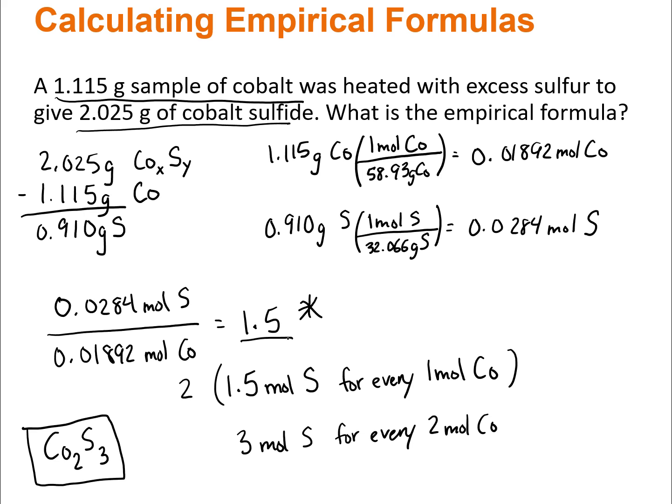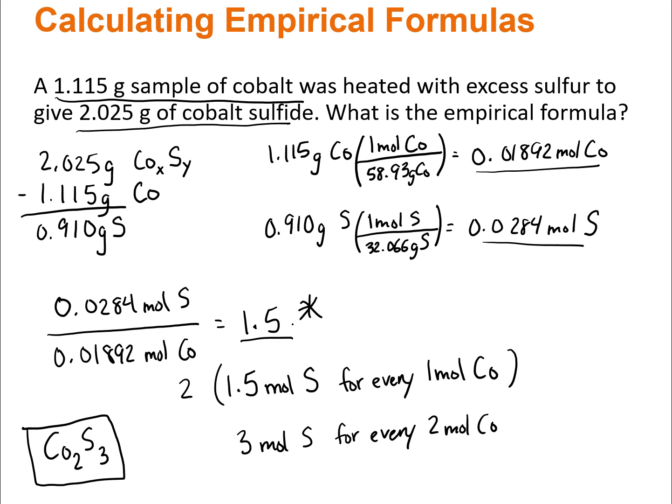So the ratio comes from, we figured out our number of moles of each, the cobalt and the sulfur. And then you divide those two to figure out how they're related. So when I did the division, I got 1.5.